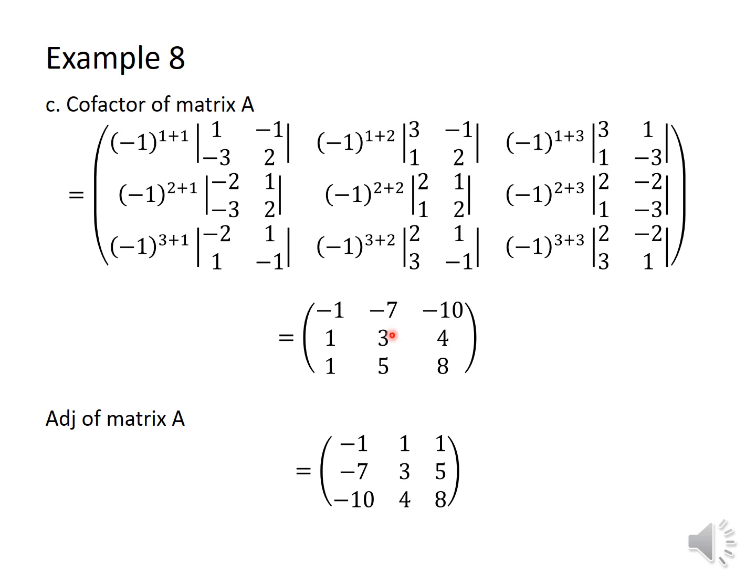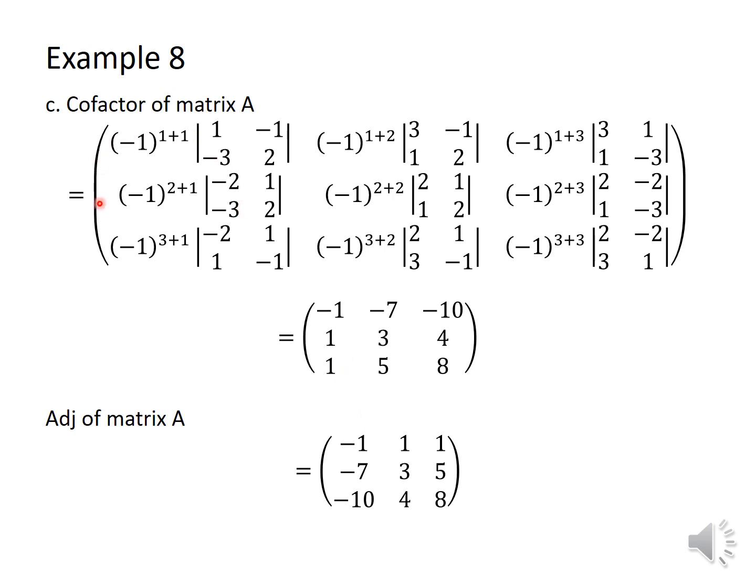For the C part, to get the adjoint of matrix A, we should first get the cofactor of matrix A. And after we get the values, we assign all the values into the matrix form.